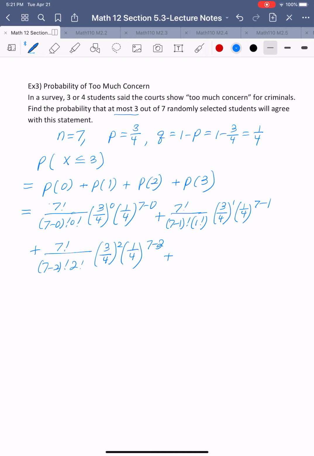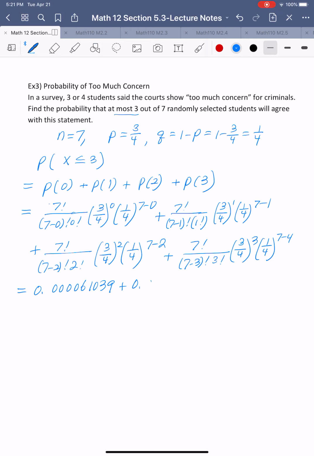And plus, 7 minus 2, what am I saying? Okay. And then the last one, P of 3, is 7 factorial over 7 minus 3 factorial, 3 factorial, and 3 over 4 to the third power, and 1/4 to the 7 minus 3 power. So if you calculate that, you get 0.0000.